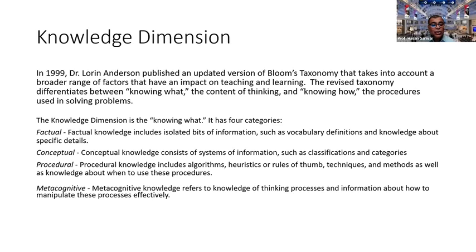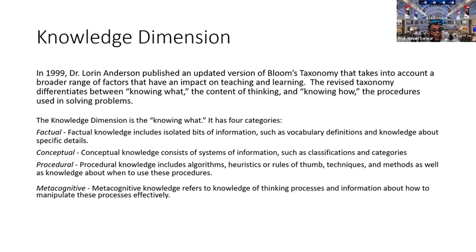So this is also something someone has to know. And metacognitive knowledge refers to knowledge of thinking processes and information about how to manipulate these processes effectively. This is metacognitive.